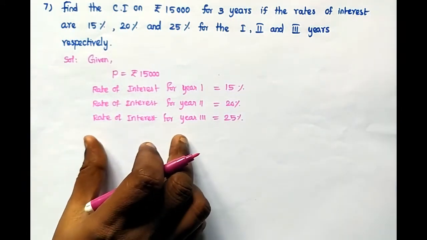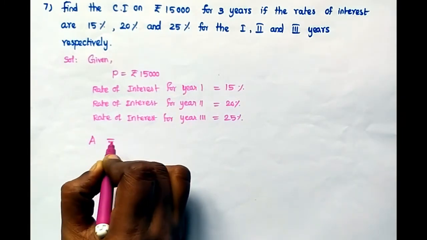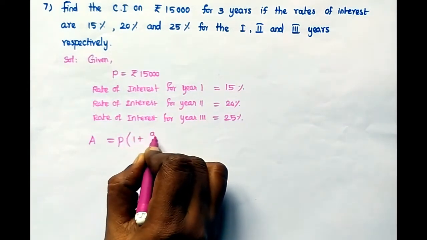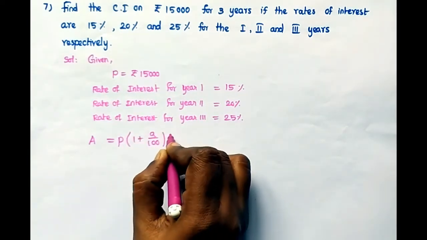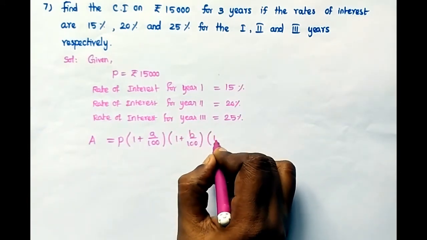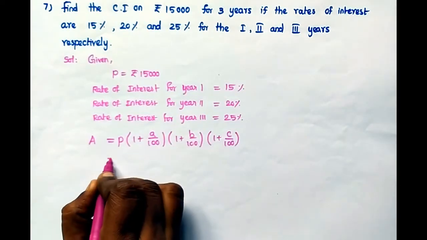In this form, we apply the formula. Listen, amount equal to P into 1 plus A by 100 into 1 plus B by 100 into 1 plus C by 100. Now apply the values.